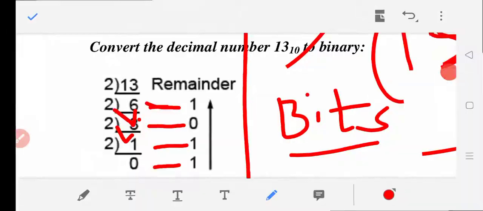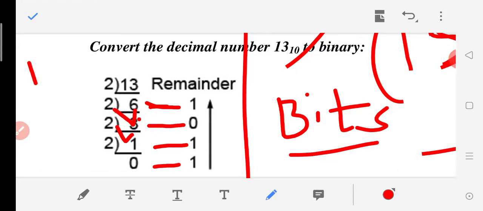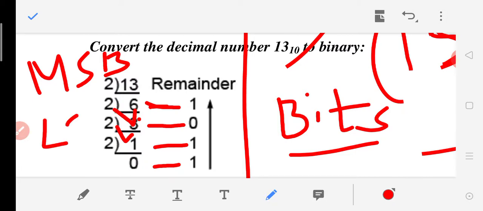Similarly, MSB means most significant bit, and LSB means least significant bit.